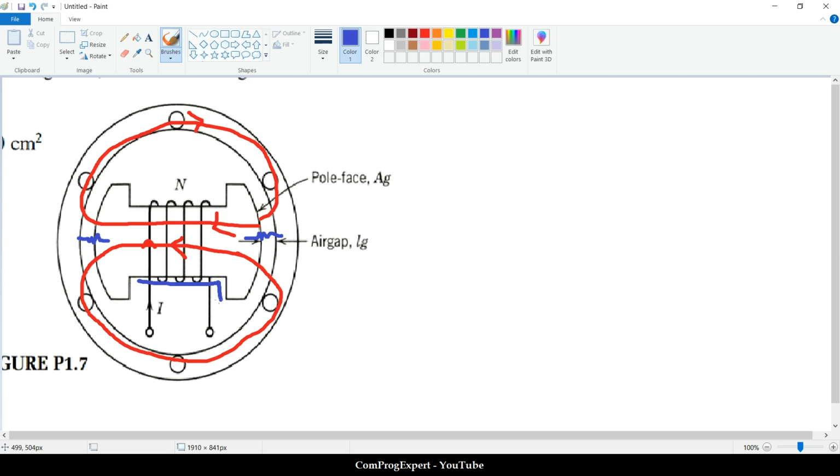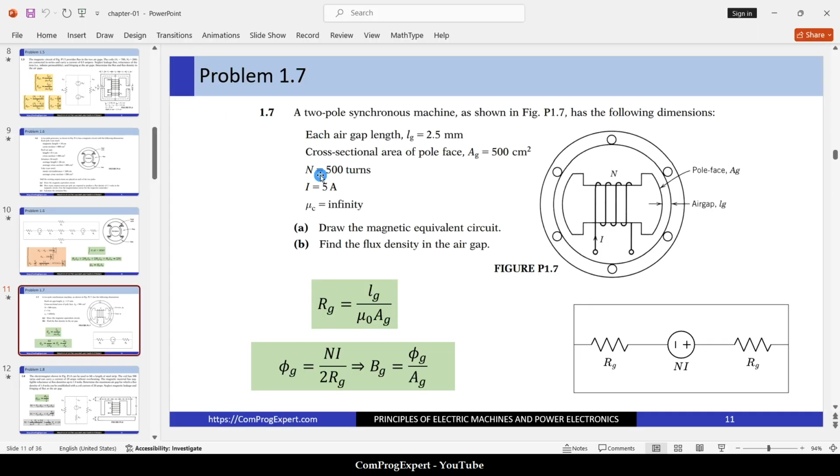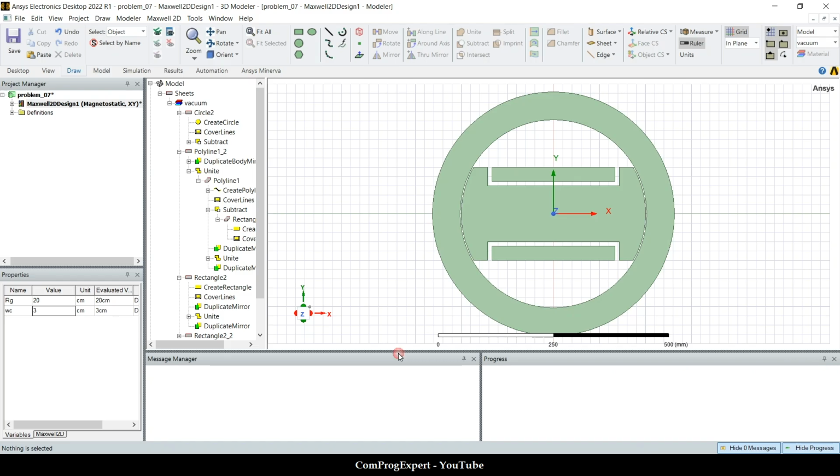For this coil arm region, the direction of the current for this one is into the paper, and for this one is out of the paper. So the value of N is 500, the value of the current is 5.